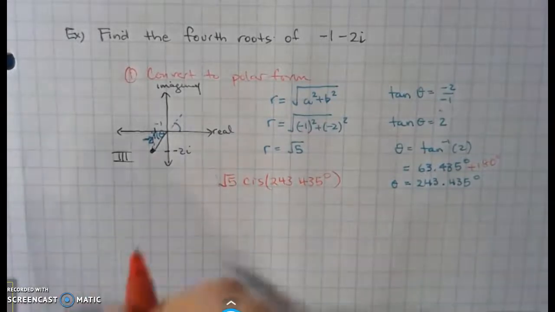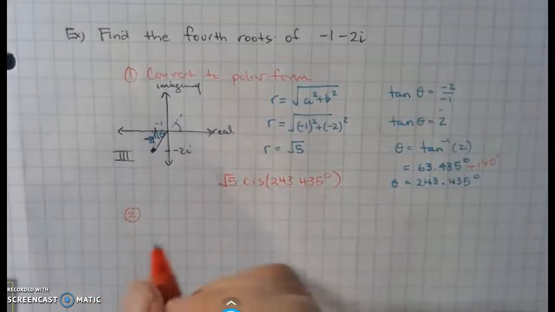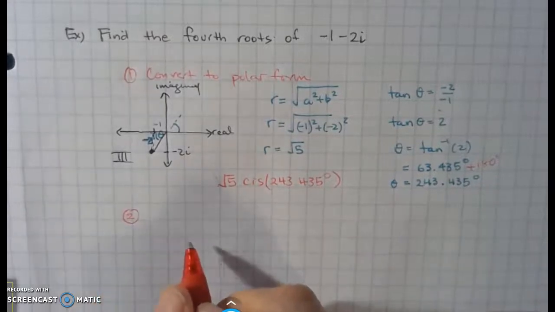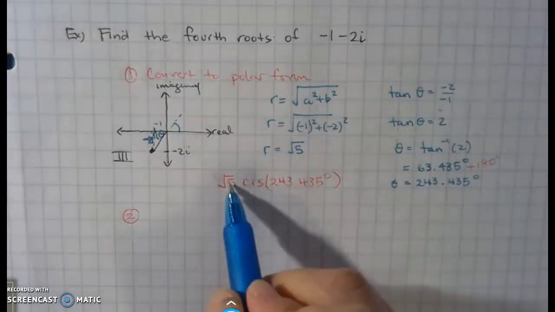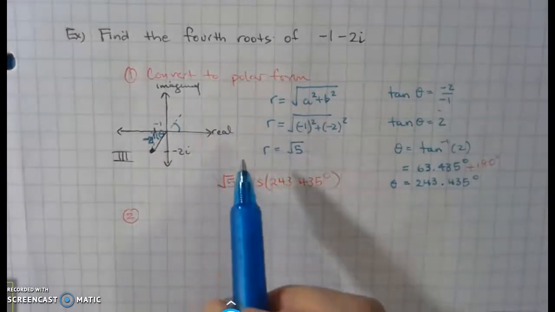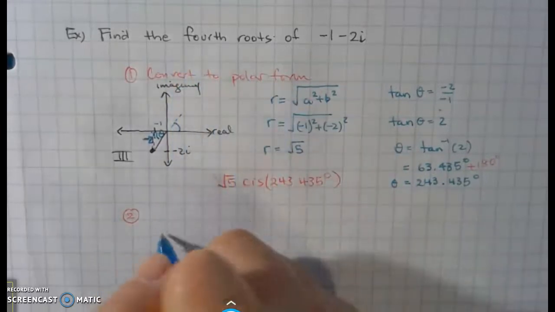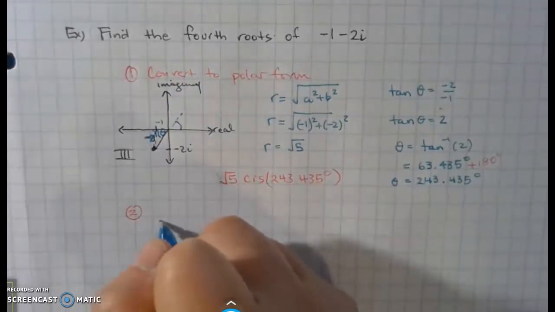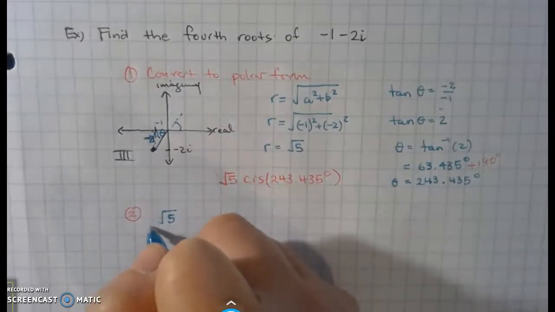Okay, so then from here, we're going to use the formula. This is my step 2. Now, the formula says with the modulus, you need to take the nth root. In this case, we are taking the 4th root. That means the modulus is root 5, and we're taking the 4th root of that.